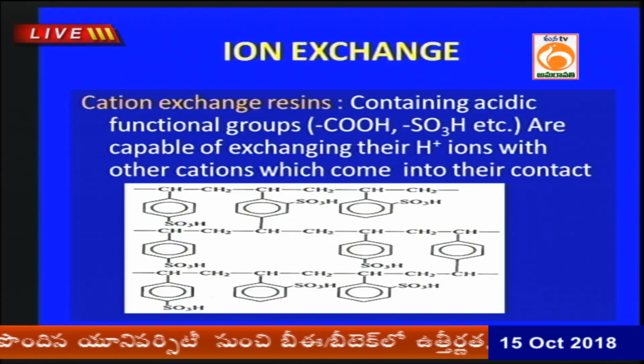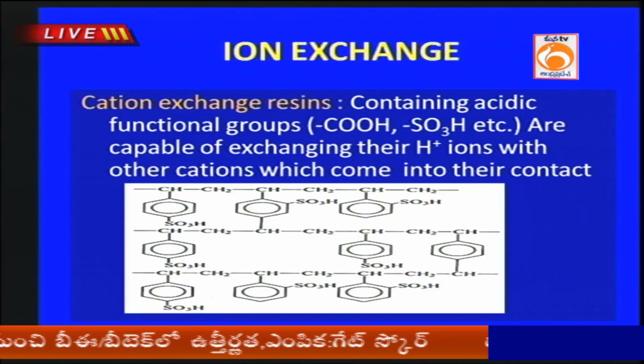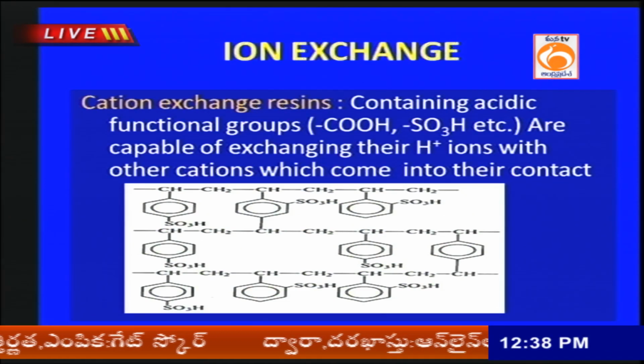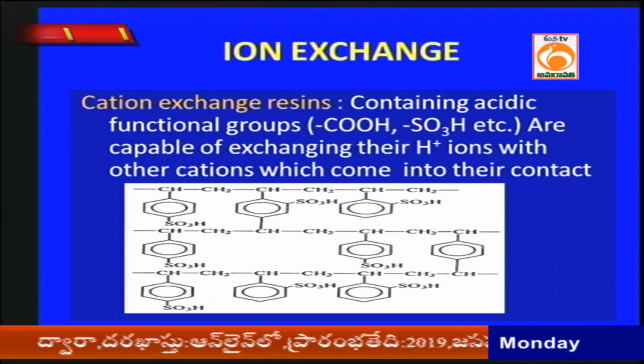See the first one, the cation exchange resin. We use both cation exchange resin and anion exchange resin in this water treatment. The cation exchange resin contains acidic functional groups, which means H plus ions. In water, H plus and OH minus are present, and here the H plus ion should be released from the resin, so the cation exchange resin should contain H plus ions.